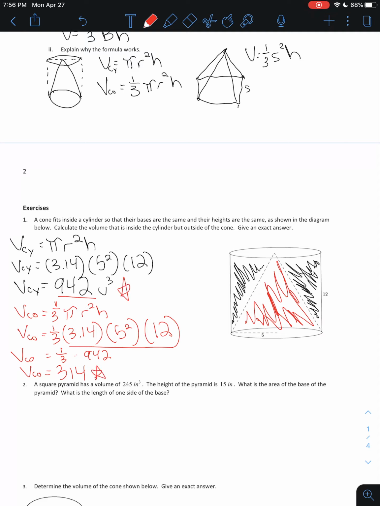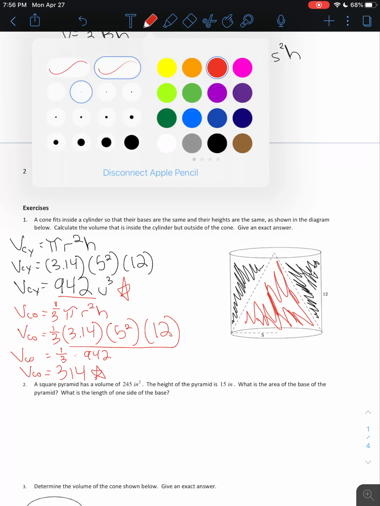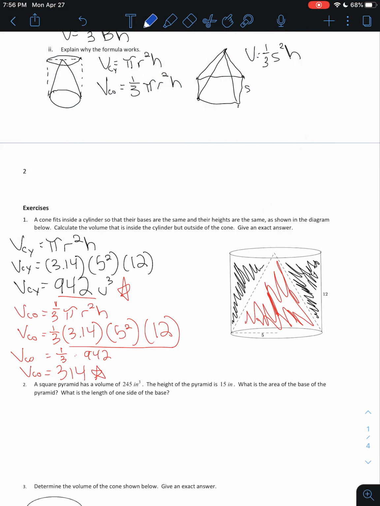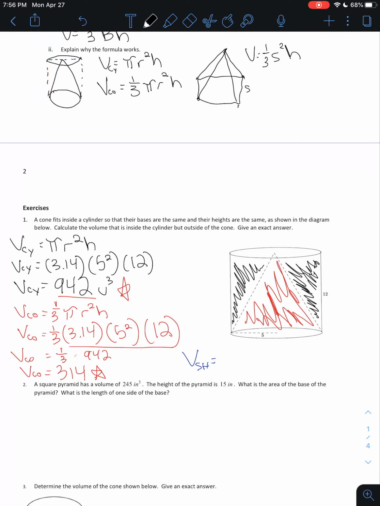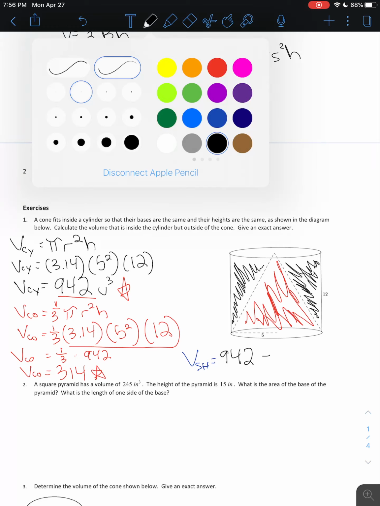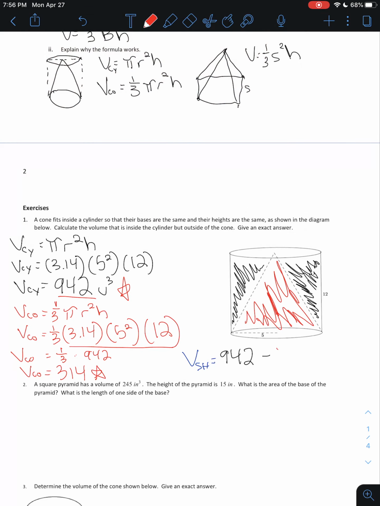Let's use blue here: the volume of the shaded region equals the volume of the whole cylinder minus the volume of the cone.